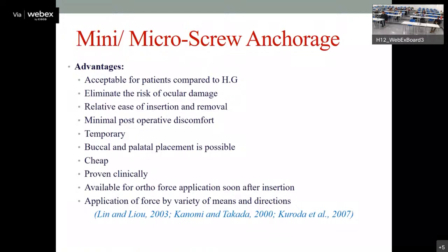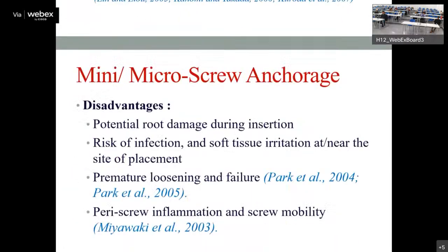Also, they are available for orthodontic force application soon after insertion, so you can load them immediately, although some researchers suggested waiting 2 or 3 weeks after insertion, but many still load them immediately. And of course, they are available for a variety of means and directions of force application.